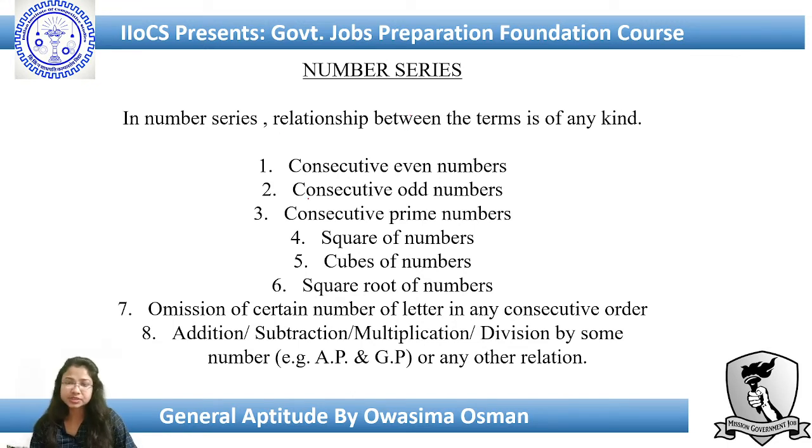There might be a relationship of consecutive even numbers, consecutive odd numbers, or consecutive prime numbers, and also squares of numbers, cubes of numbers, square roots of numbers, and also omission of a certain number of letters in consecutive order, or addition, subtraction, multiplication, division by some numbers, or AP and GP series also, or any other relation. Okay.